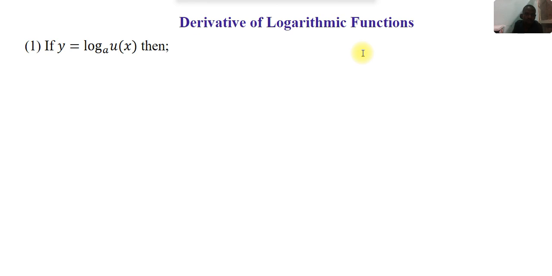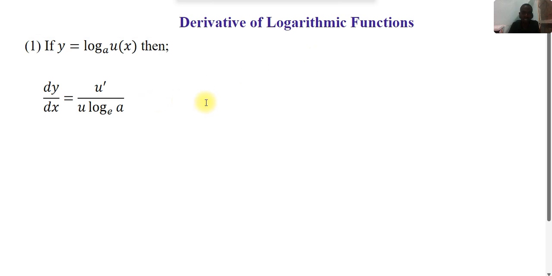As you can see on your screen, you have the first one. The first formula is here that says if y equals the log of u base a, and of course your u is a function of x, then we are going to have these as a formula.